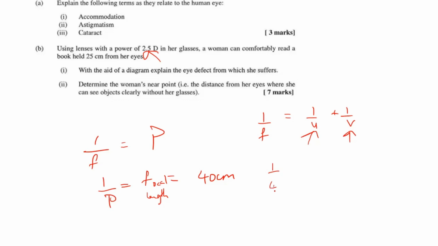So 1 upon 40 minus 1 upon 25. Sorry, yeah. That is going to be 1 upon u. We can just drop this in our calculators and see if it gives us anything that makes sense.